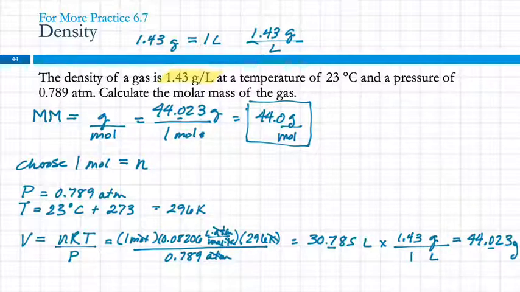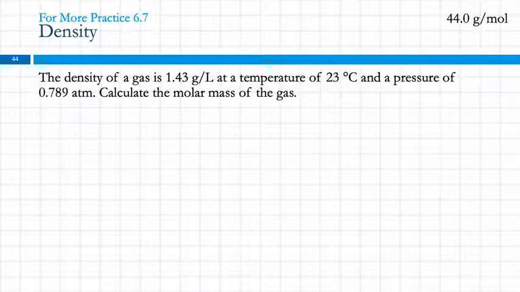Being able to take pieces that you're familiar with and put them together in a new way, right? And we end up doing stuff like that in life because there are so many situations that come up in life, and you have all the tools to get through whatever it is you need to do, but you've never actually done it exactly that way before. 44 grams per mole.